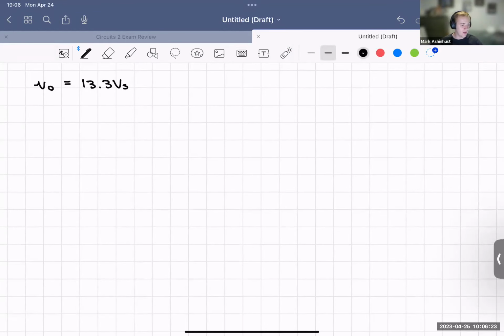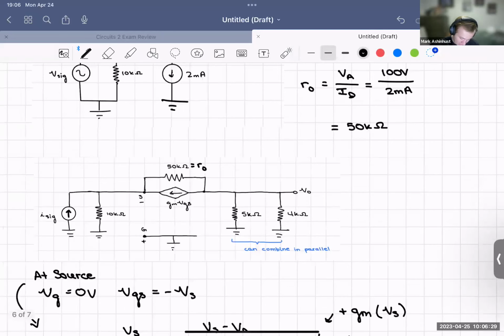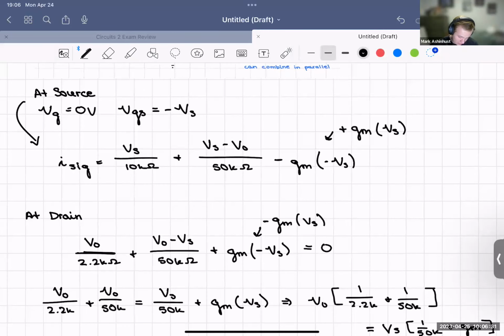And we can use that to find our I out, because I out is dependent on V out. So we can put that back in I sig.